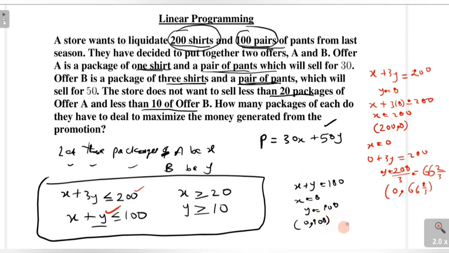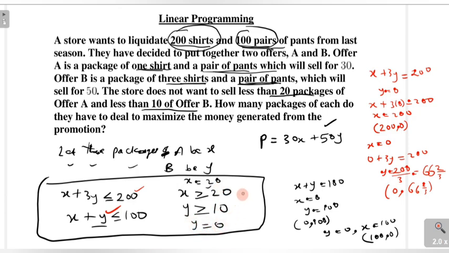Then again, I'm going to set y is equal to 0. When y is equal to 0, obviously x would be equal to 100. So the coordinate of the point would be 100, 0. For these two, I'm going to set this as x is equal to 20, and this as y is equal to 10.